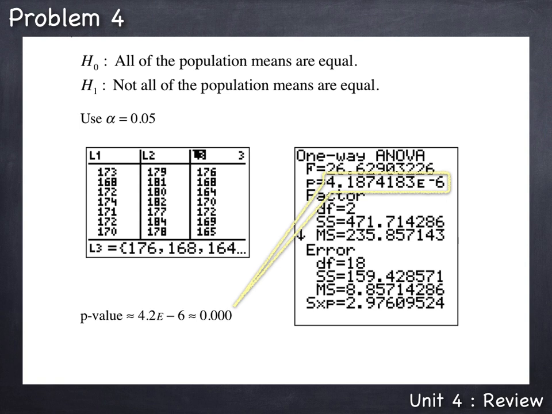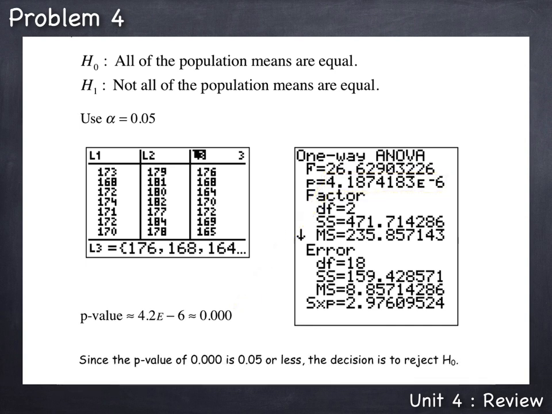The p-value, being a probability, really needs to be rounded off to 3 places after the decimal. So once we get to the zeros, past the third place after the decimal, we essentially just round this off to 0. So the p-value in this case is essentially 0. When we compare the 0 to the 0.05, we see that it's definitely less than. So we're able to make our decision.